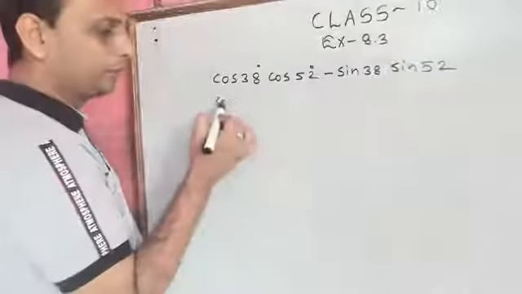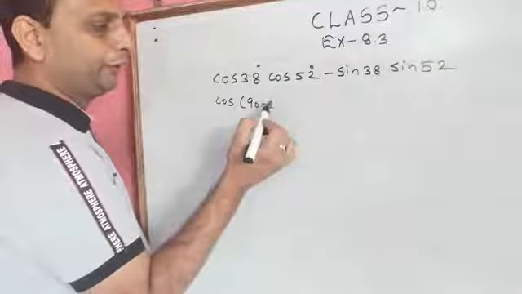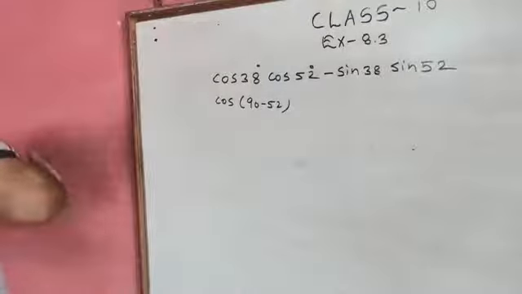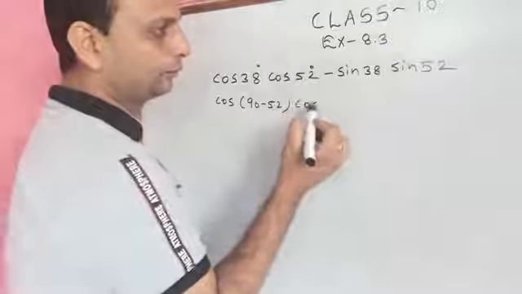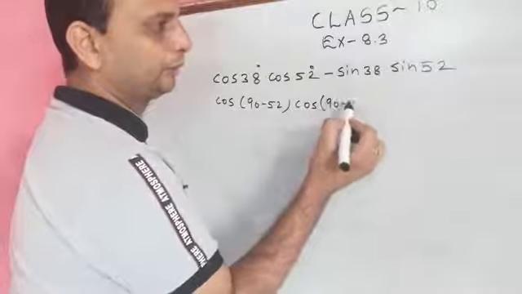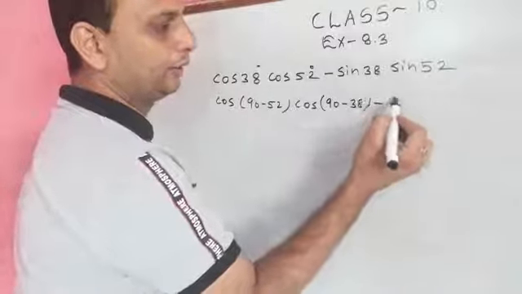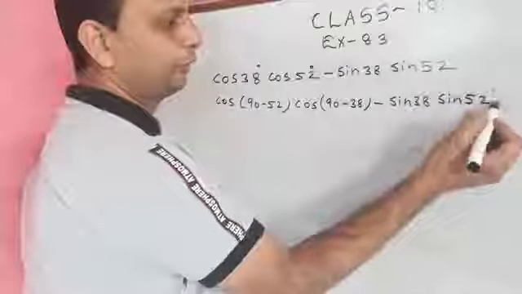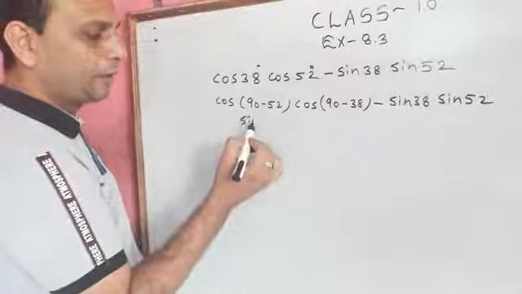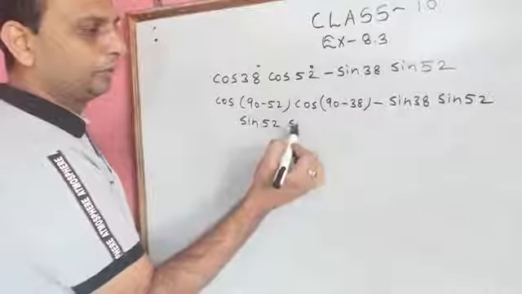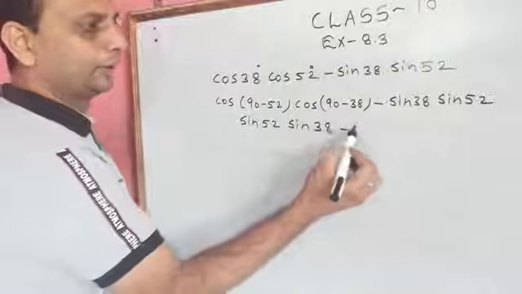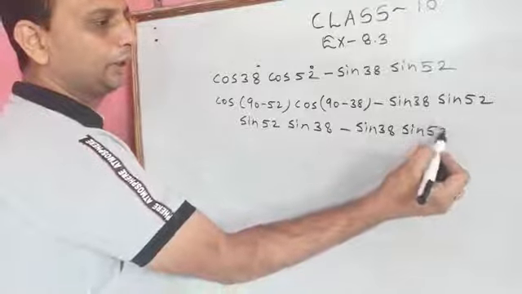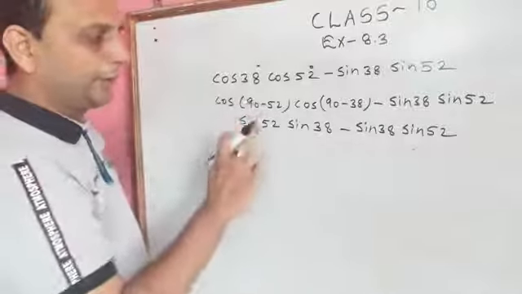So you can write here cos (90 minus 52) and cos (90 minus 38), minus sin 38, sin 52. This is equal to sin 52, sin 38 minus sin 38, sin 52, because cos of 90 minus angle is the sine.